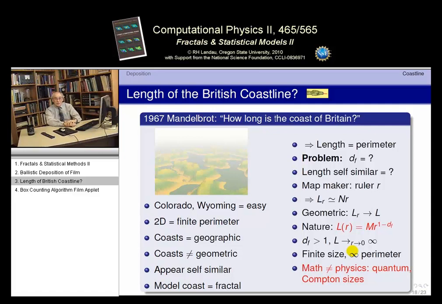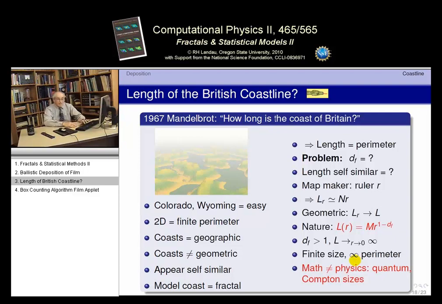It has well-defined structures. The atoms stop. Can't make the atoms smaller and smaller. So then the size must stop. Or you can go even to the gravitational general relativity level where you have a Compton length, and you can't get smaller than that. So it could be that the length of Britain's coastline is a very, very large number, but not quite infinity if you're a physicist.